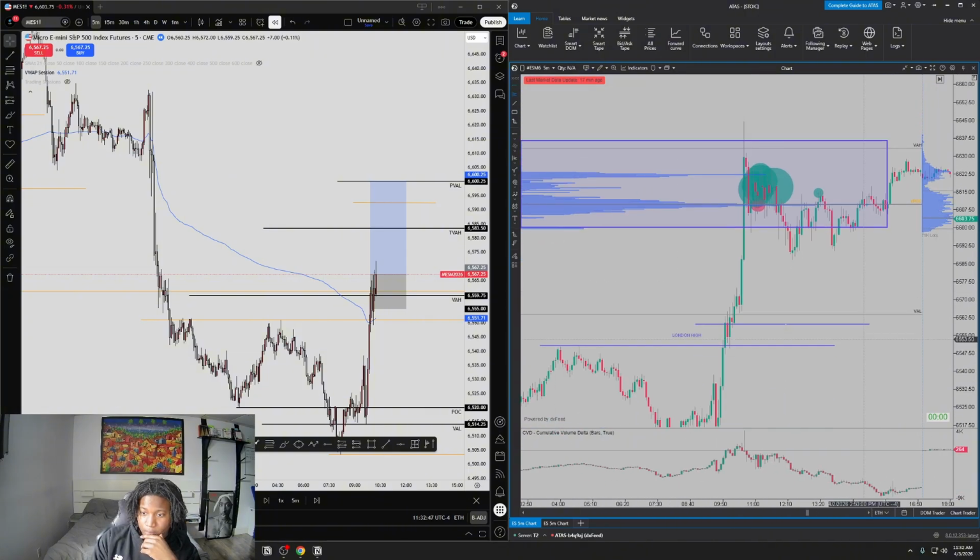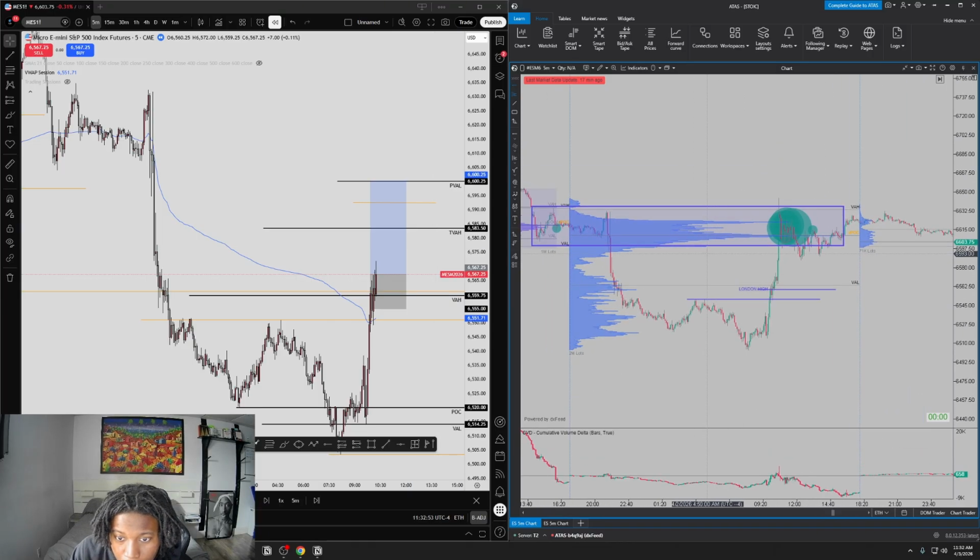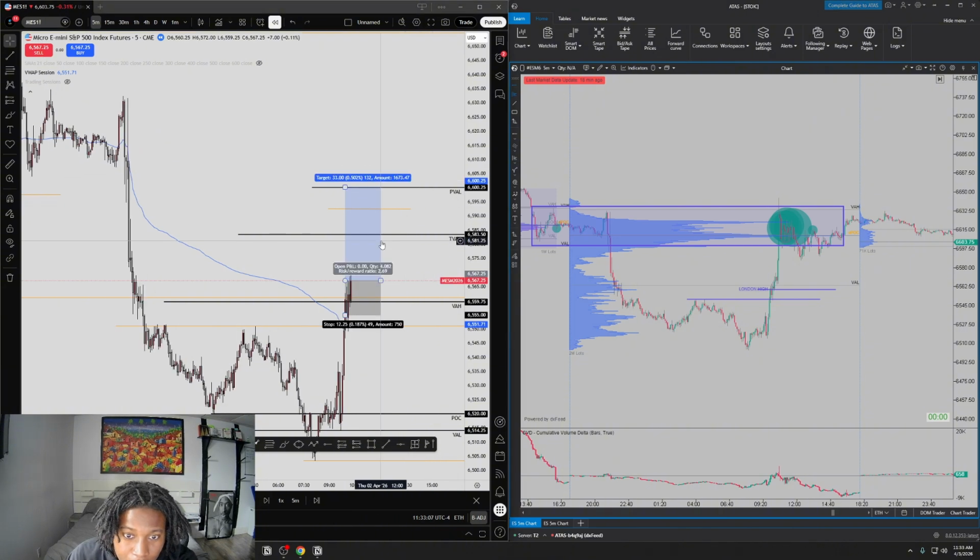So then my target was the volume area low of the previous day, but normally I don't trade with TP anymore. But my mistake was having the TP set at the previous day's volume area low.